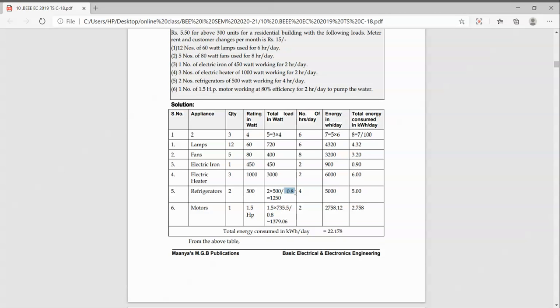But I'm explaining directly, and this is not necessary because the efficiency of the refrigerator is not given here. So you can directly write 2 into 500, that is 1000 watts, into 4, which will give 4000 watt hour, and the total energy consumed will be 4 kilowatt hour.